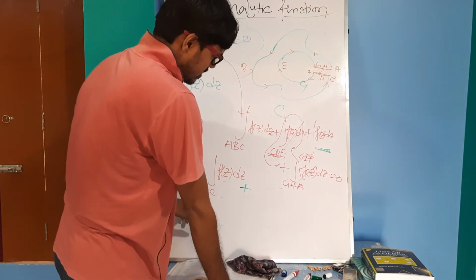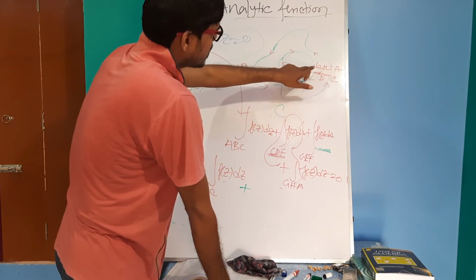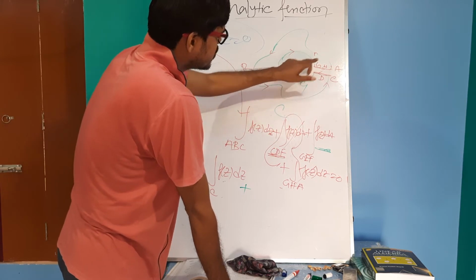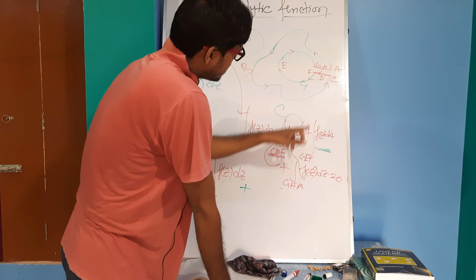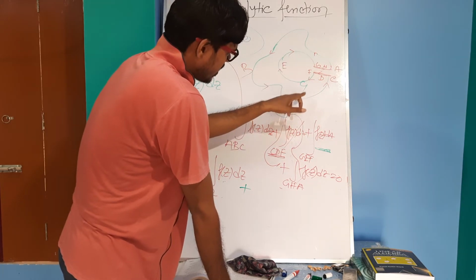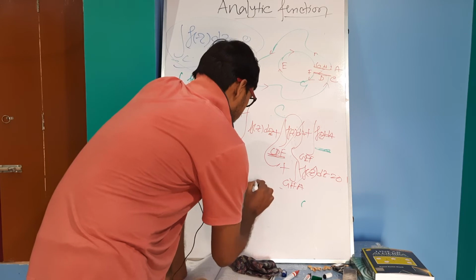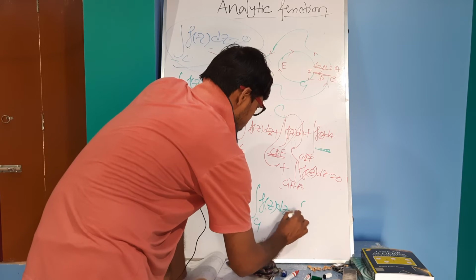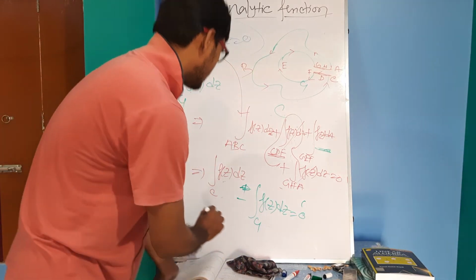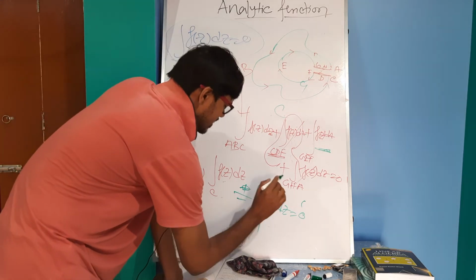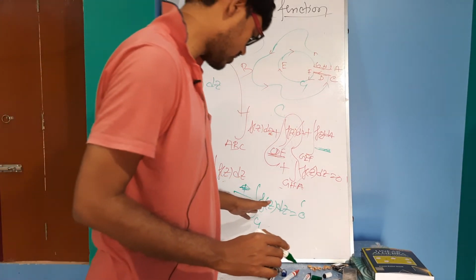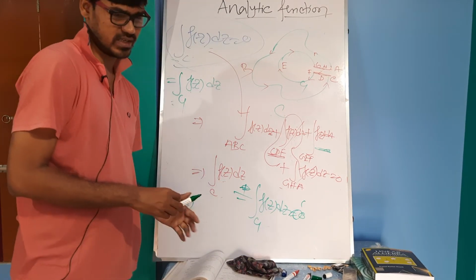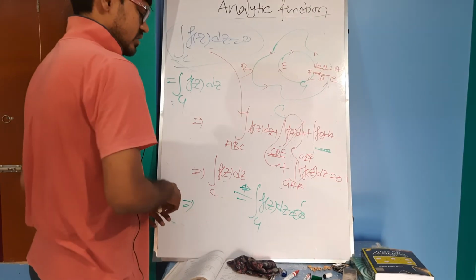So it is C, but if you want to put FEG, this is clockwise direction, and if you put it as C1, then you have to write minus of C1 f of z dz. Check it, you will understand, very easy thing. And so what is the result? Result is integration over C f of z dz will be equal to integration over C1 f of z dz. So this is a very important result to prove Cauchy integral theorem.